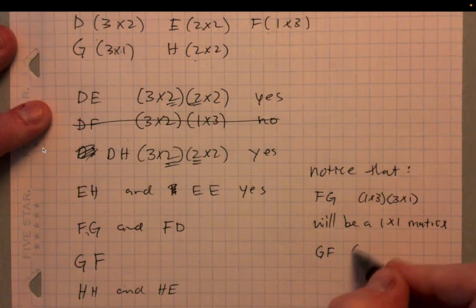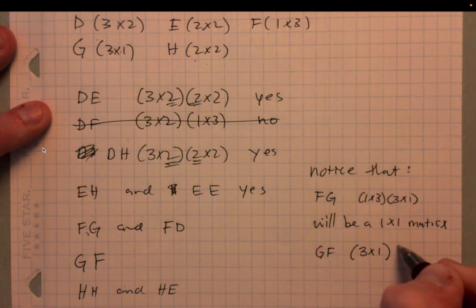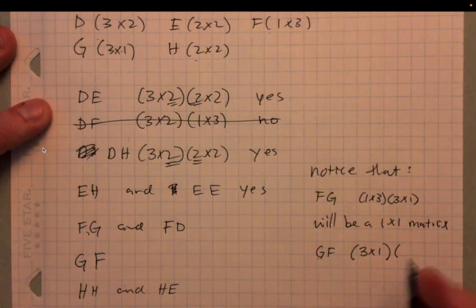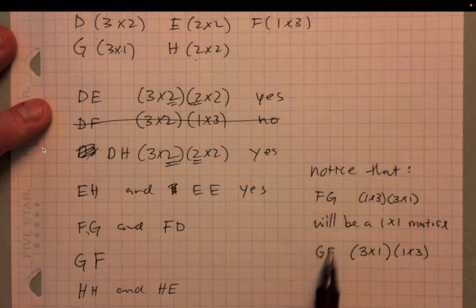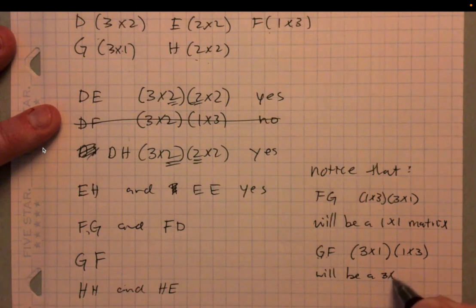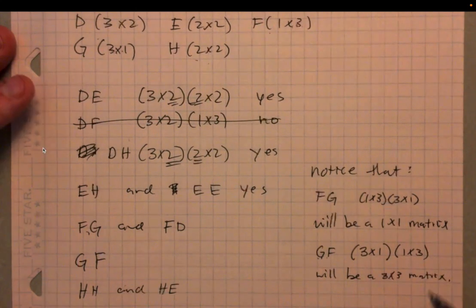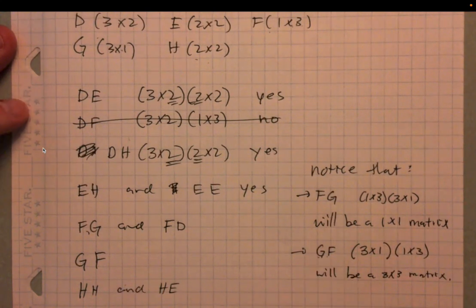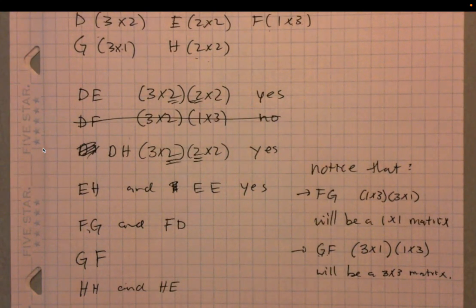Well, GF is 3 by 1, and G is 3 by 1, and F is 1 by 3. So just by switching the order of the matrices, I get a 3 by 3 matrix. Right, so FG is 1 by 1, and GF is 3 by 3. Okay, so that's kind of interesting. It obviously points out that the order of the multiplication is extremely important.